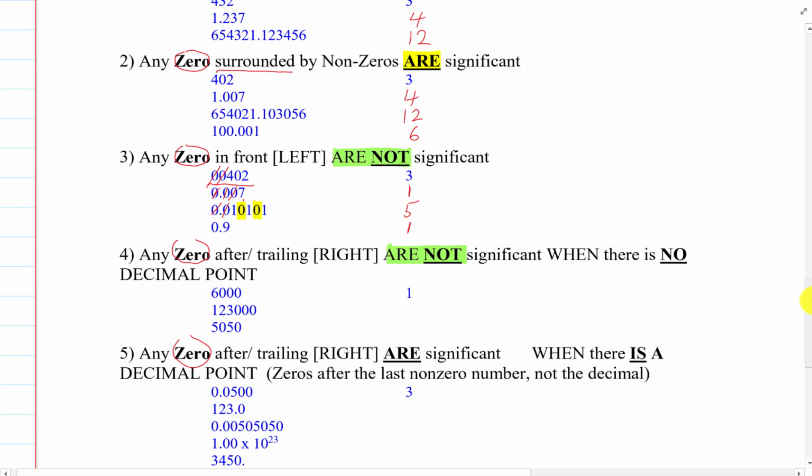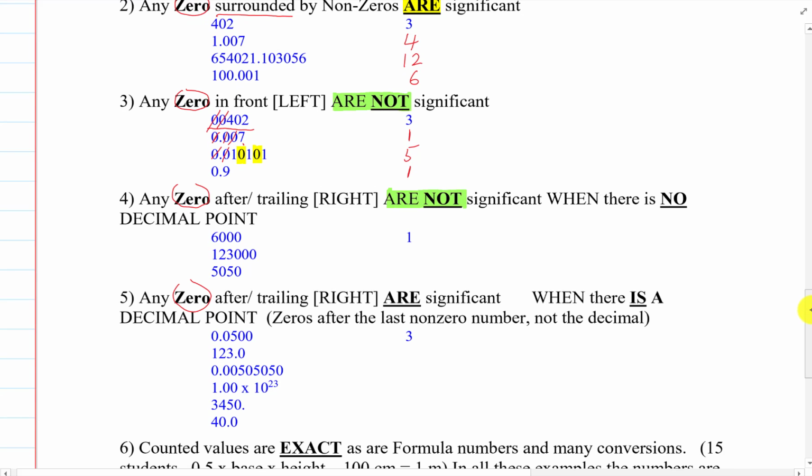Okay, now the next 2 rules are when there is a decimal point. Notice here, there is a decimal point. Yes, question? Which one are we talking about?